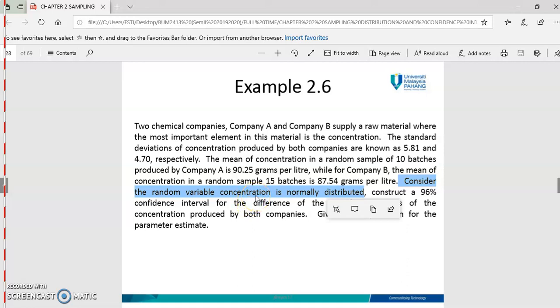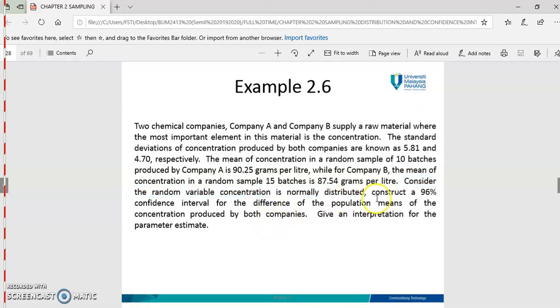But if you have your own raw data, you conduct your research, so you collect your data, the first thing that we check is the distribution, whether it is normal or not. If normal, then you can use the formula from here. If the data is not normal, then we have to go to the non-parametric.